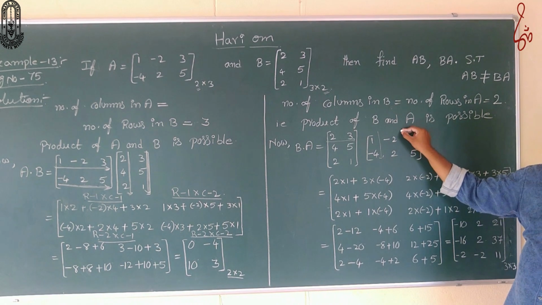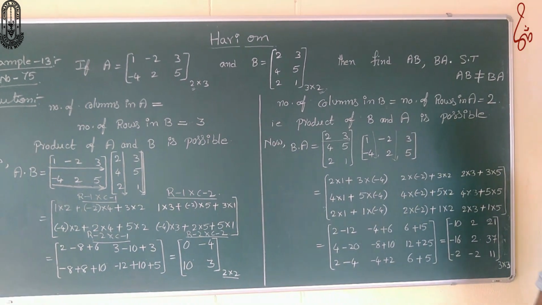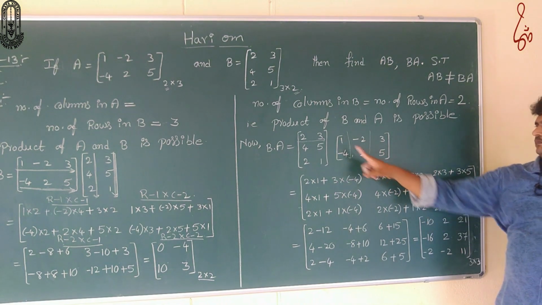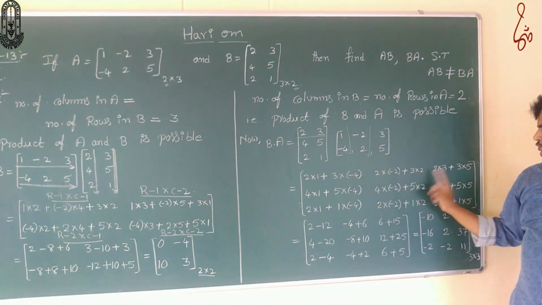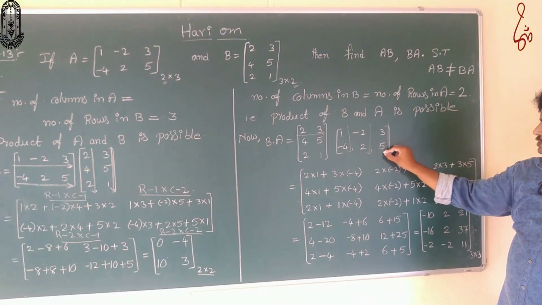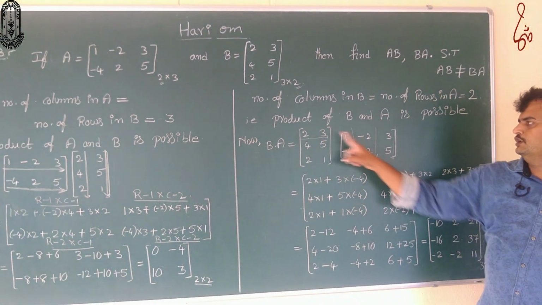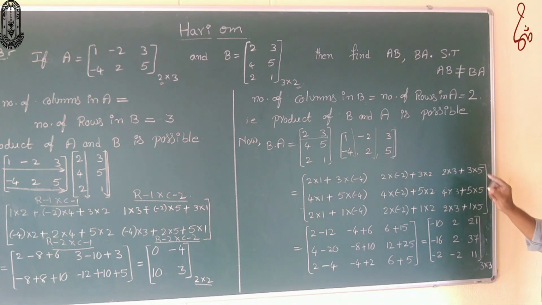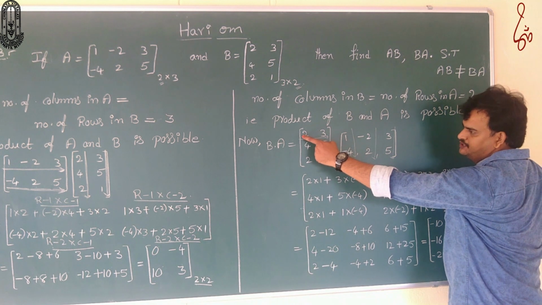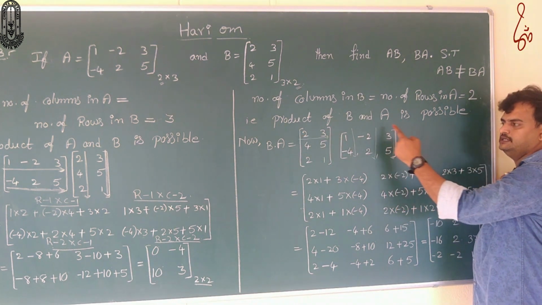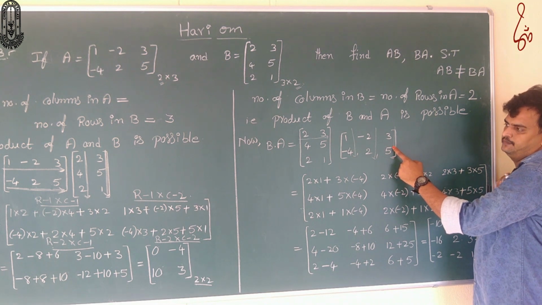Next, first row with second column elements. 2 into minus 2 plus 3 into 2. First row with third column. 2 into 3 plus 3 into 5. So with first row we are able to multiply column 1 elements, column 2 elements and column 3 elements.